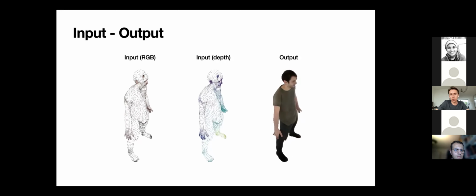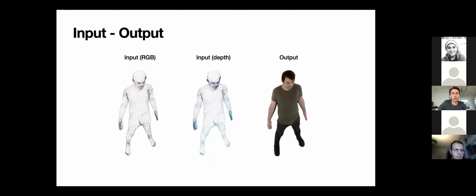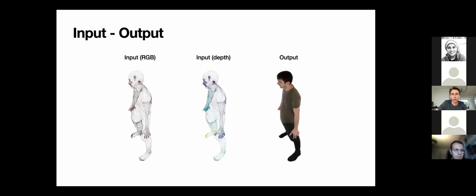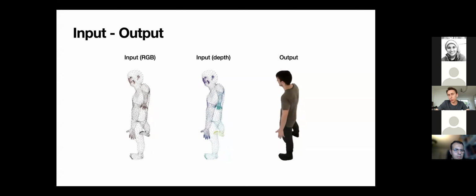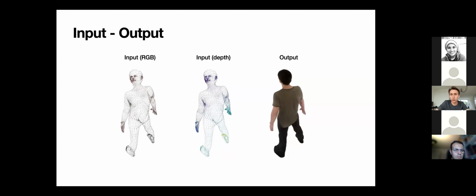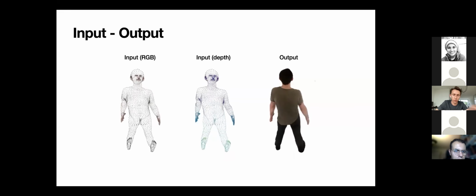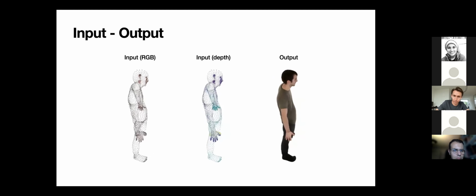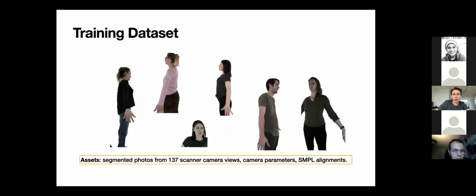Okay, and maybe to showcase it in a clearer way: the left and center are the two inputs to the network, and what is being generated you can see on the right. To train this, we of course need an enormous amount of data.